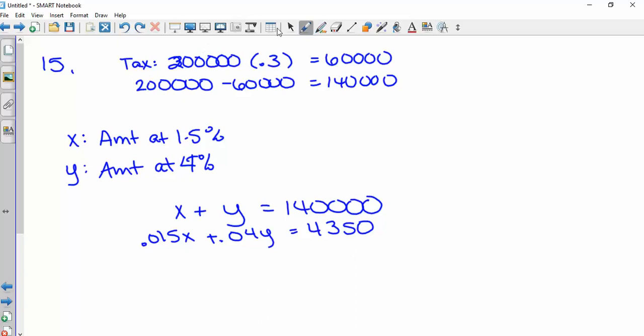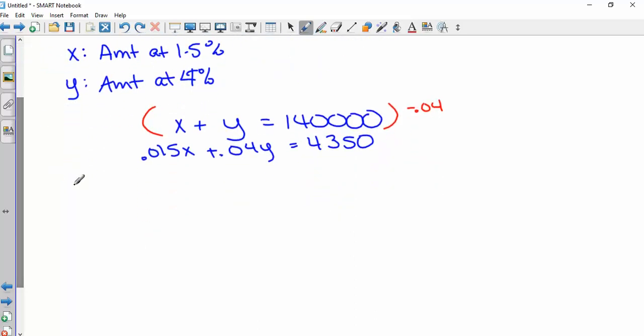So then this is like a substitution elimination question. Let's eliminate Y. So I could take the first one times negative 0.04.